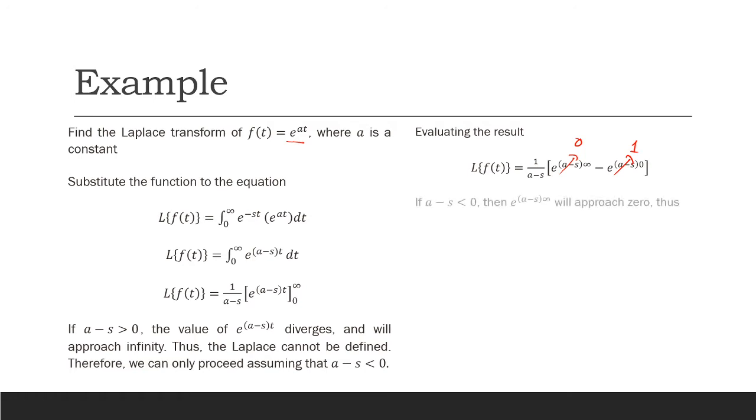So we will arrive at 1 over a minus s times 0 minus 1. So therefore, yung ating Laplace is negative 1 over a minus s. Or pwede rin natin isulat to as 1 over s minus a. So this is our Laplace.